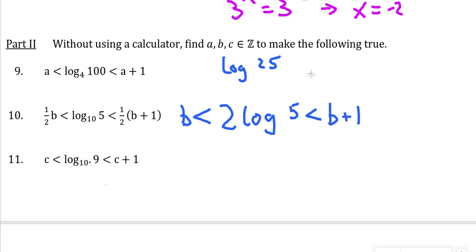So log of 25, if this is base 10, then it's somewhere between 1 and 2. Right, so this right here is somewhere between 1 and 2. I guess that's good enough. I mean, that's all they really care, right?